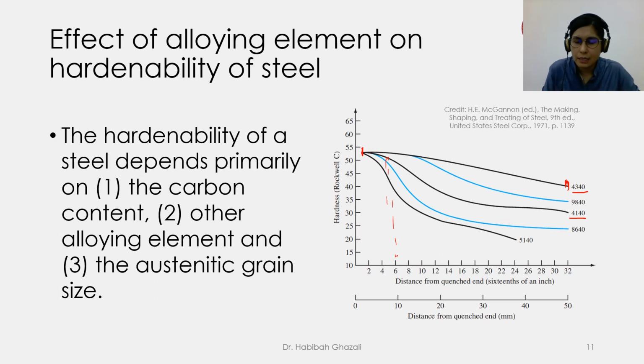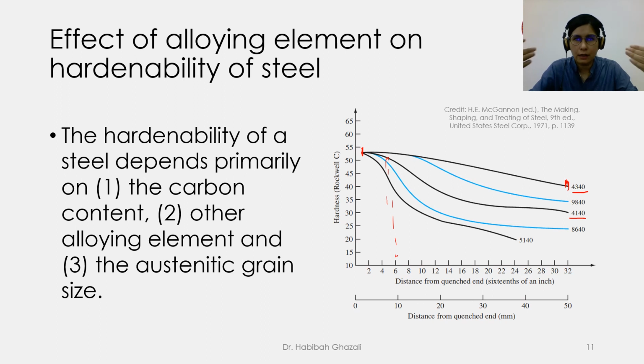So if, let's say, you have an application which requires you to select between these two materials, you have 4340 and you have 4140, in the same thickness and same dimension. Now you want to select which one is the best for your application.